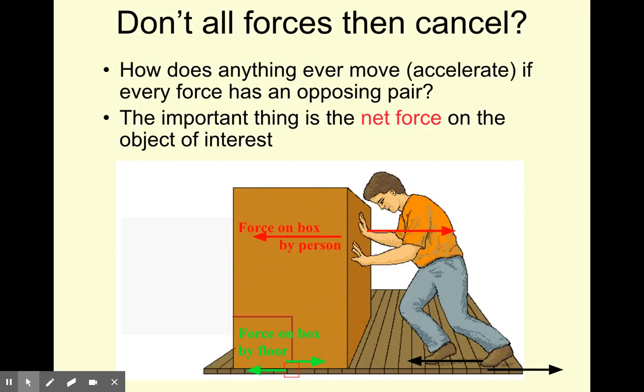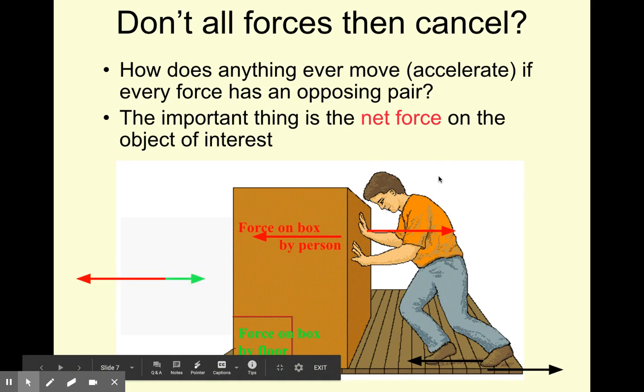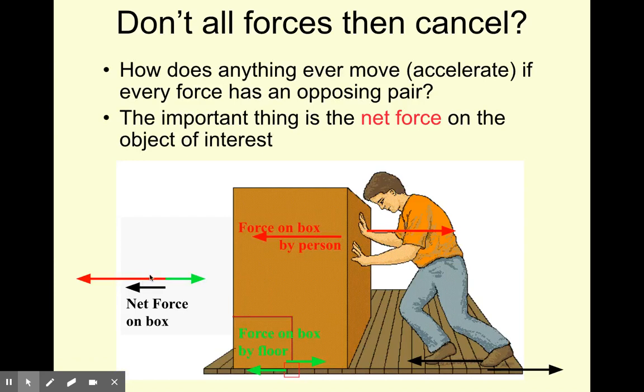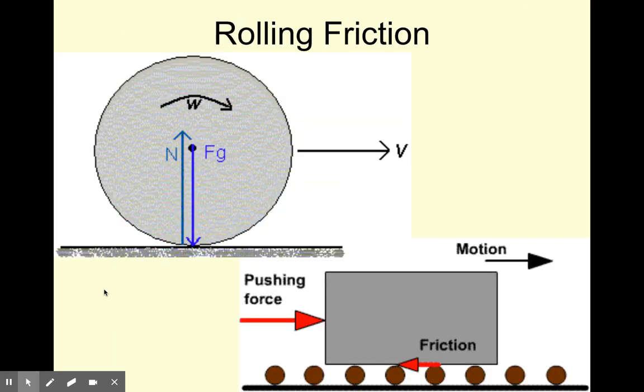If we look at the net force, since the forces are all balanced, if friction is less than the applied force, so if this is friction and this is the applied force, then we're going to have motion in that direction.